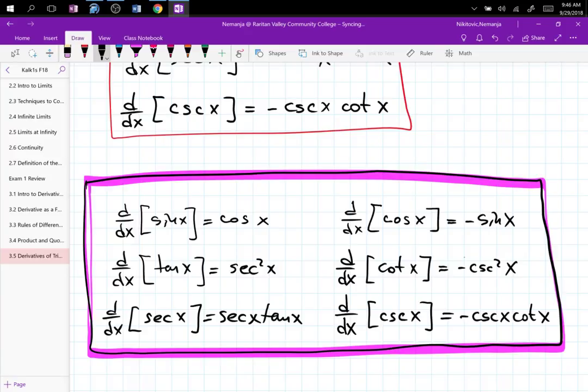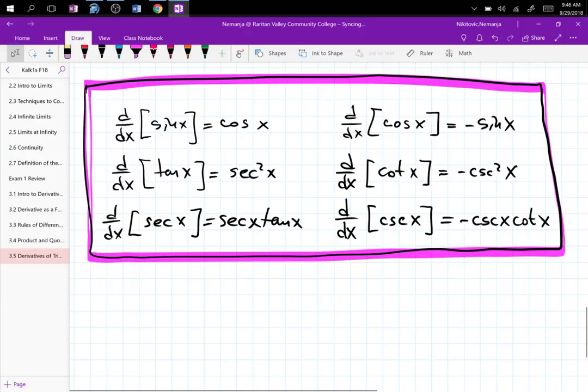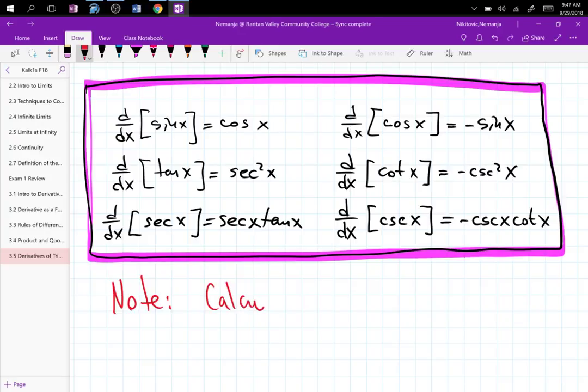So how do we memorize this? First off, let's note the calculus trig pairing.